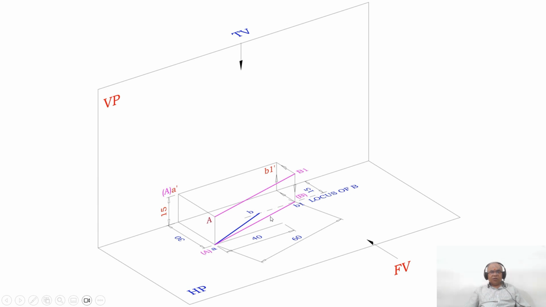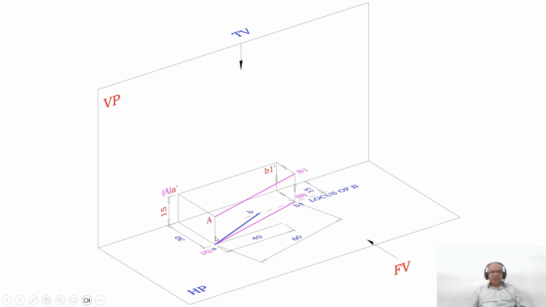Since it is the true length in the horizontal plane, that line is going to be parallel to HP. So what will be the position of the points A and B1? Both A and B1 will be 15 mm above HP. That can be seen only when you look from the front view.